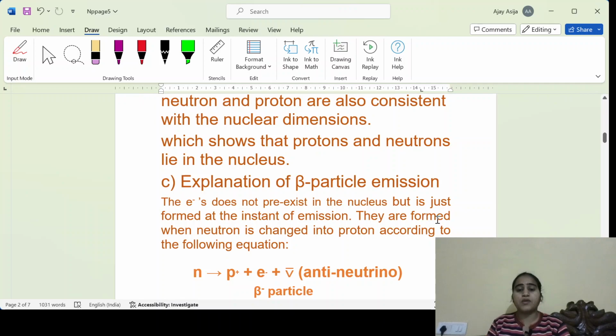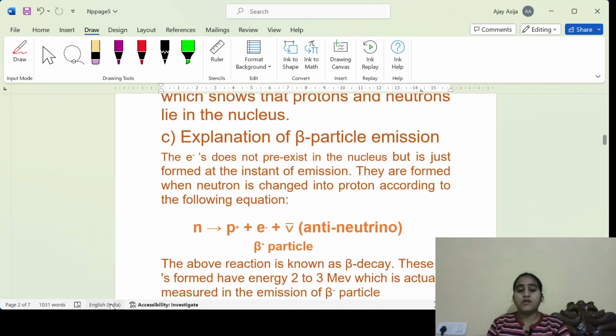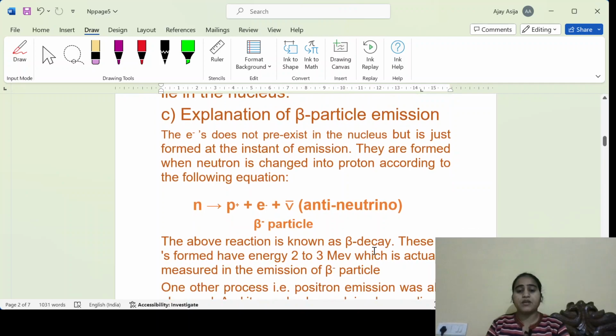They are formed during a nuclear process of conversion of a neutron into a proton. When a neutron is converted into a proton, then along with the proton, two other particles, an electron, which is also called a beta negative particle, and an antineutrino are also emitted. This above reaction is known as beta decay.